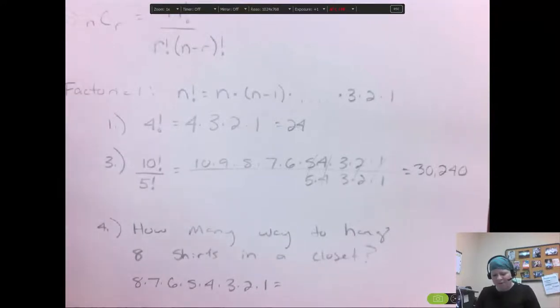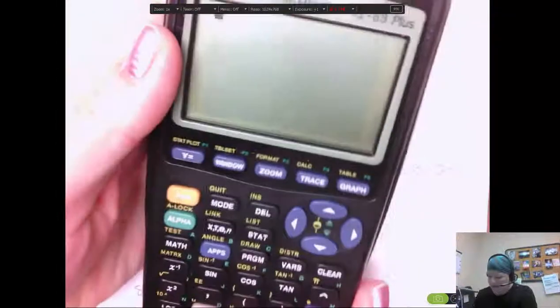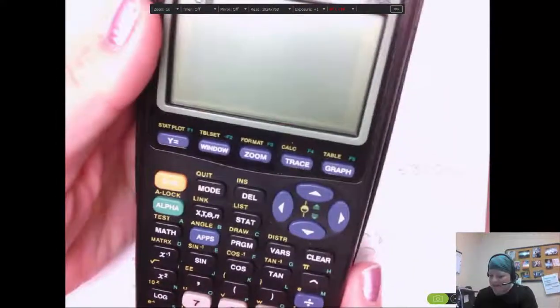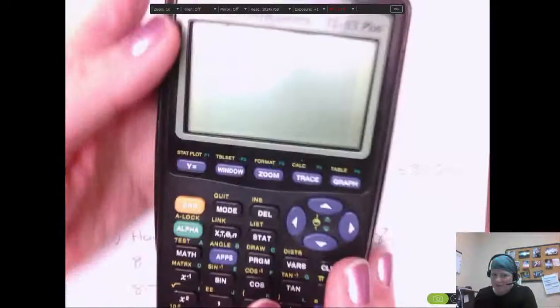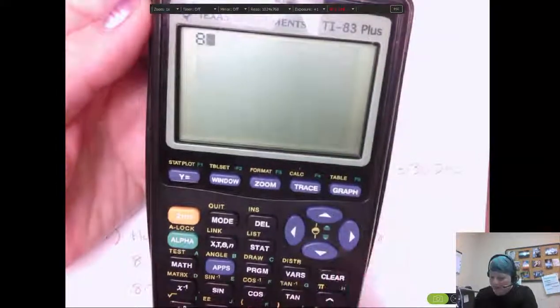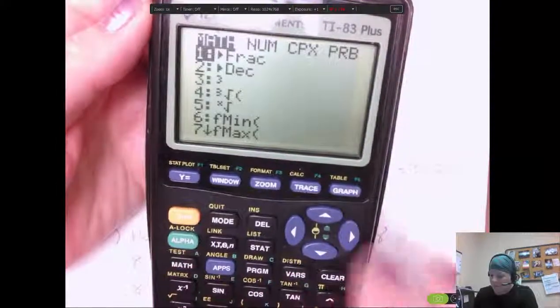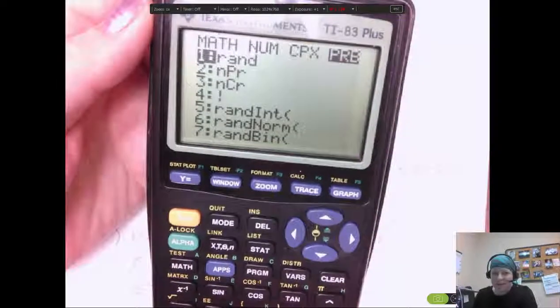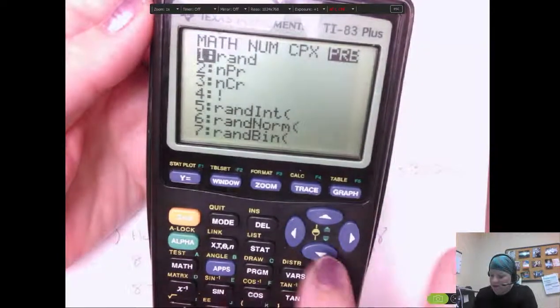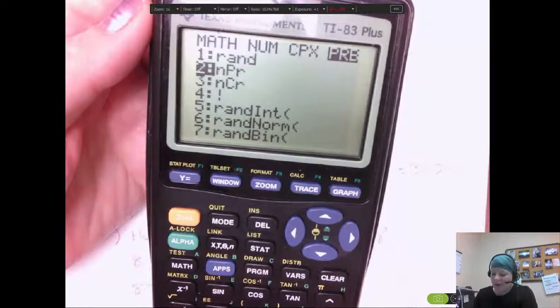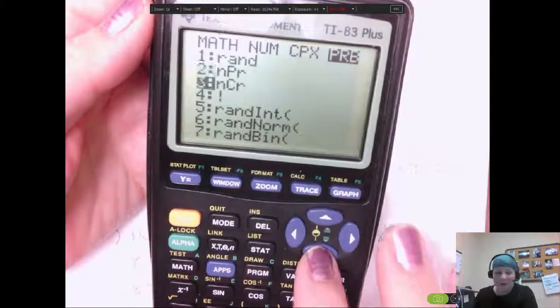And let me show you where to find that factorial on a TI calculator. So I want 8 factorial, so I'm going to hit 8, and then I'm going to hit math, and over here at PRB is probability, and actually notice the nPr and nCr.